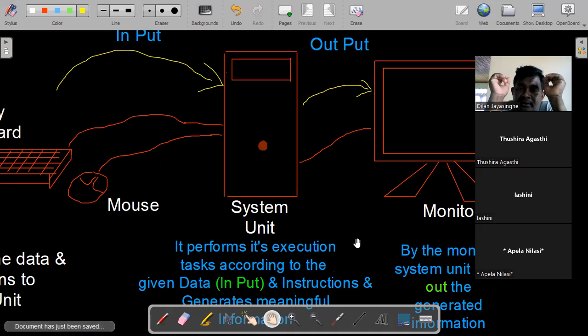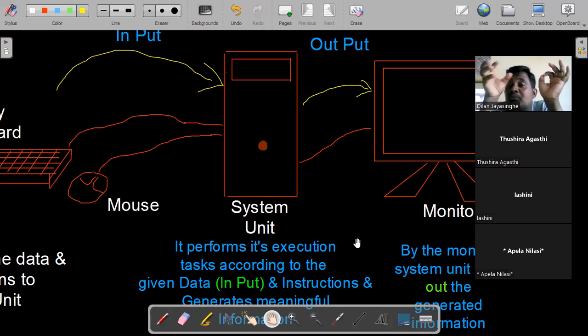Finally, this system unit outputs the generated meaningful information by the monitor. This is the working process of the computer, right?